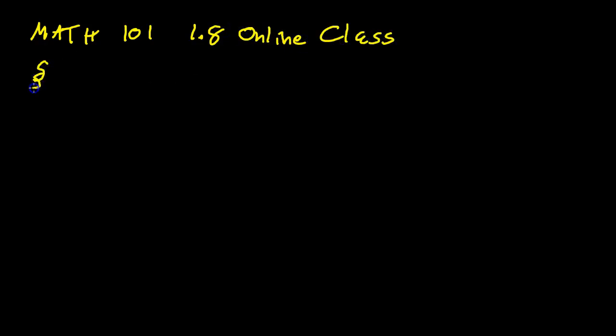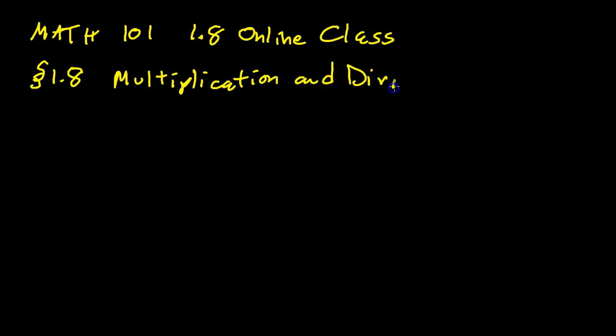Section 1.8, Chapter 1, Section 8 is entitled Multiplication and Division of real numbers. And by real numbers, we mean any number indicated on the number line.